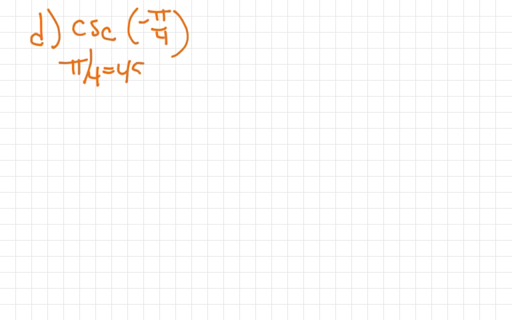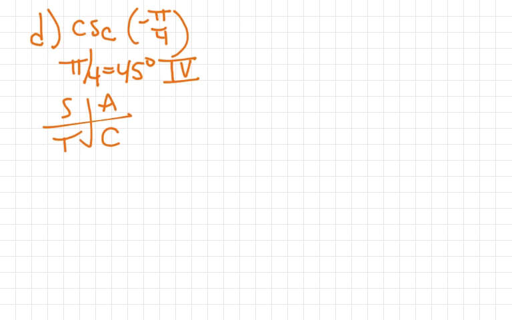Now let's do some different ones. How about the cosecant of negative pi over 4? Well, a couple things. Number one, I know that the reference angle is pi over 4, which is 45 degrees. I know negative pi over 4 is going to be in quadrant 4.